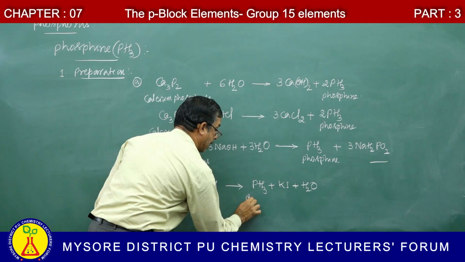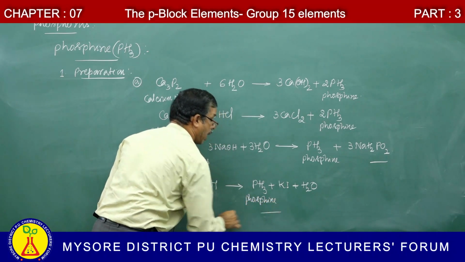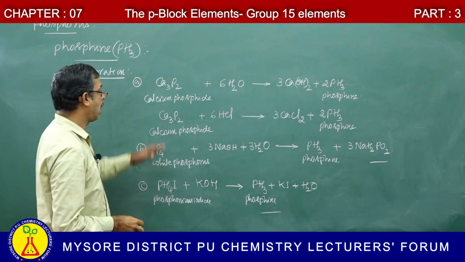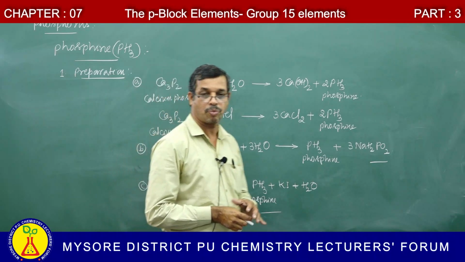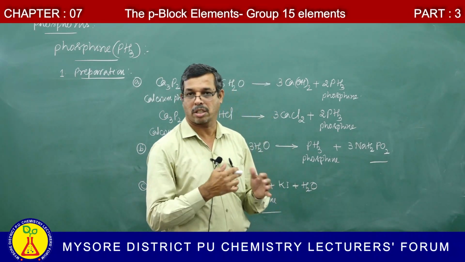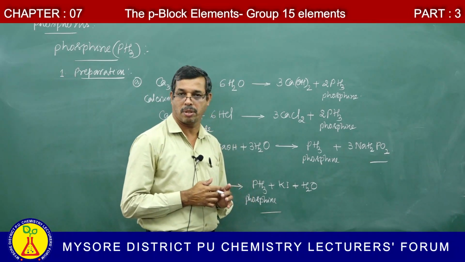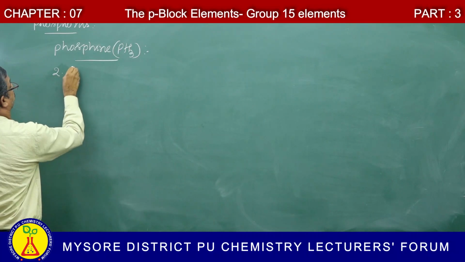This is phosphine. So, these are the three important methods of obtaining phosphine. Now, let us look at the properties of phosphine.